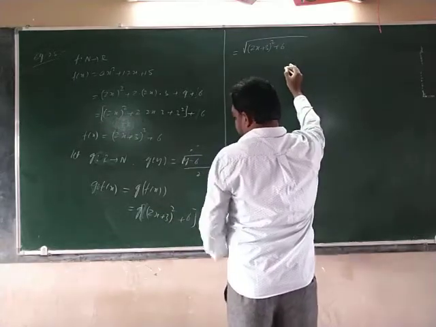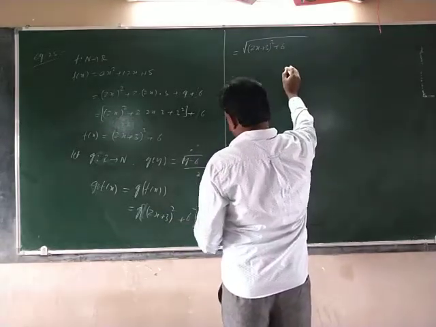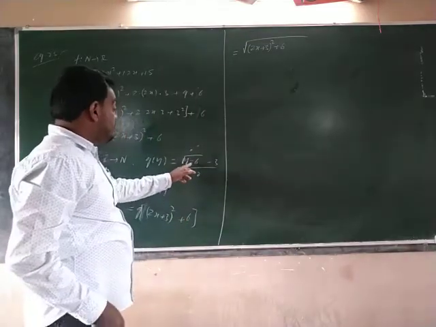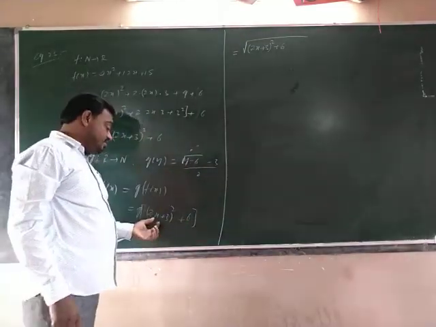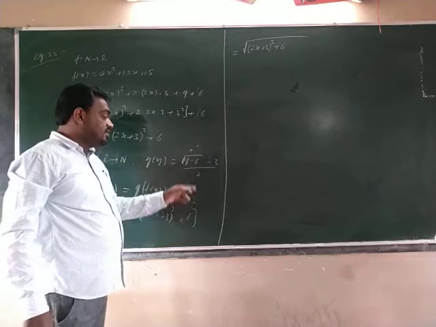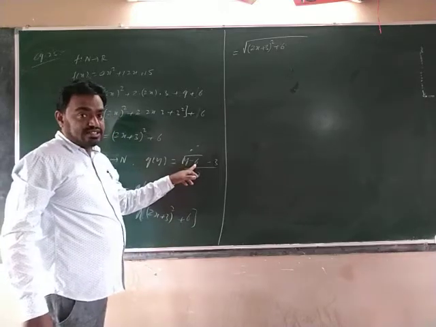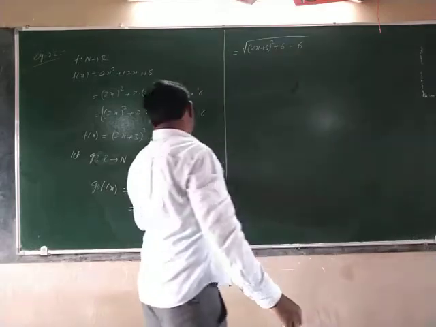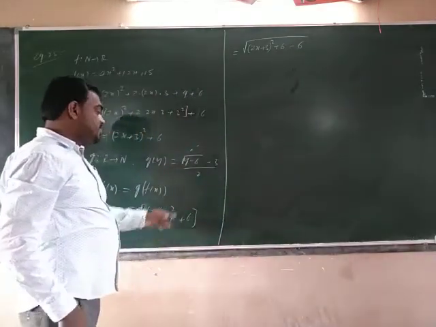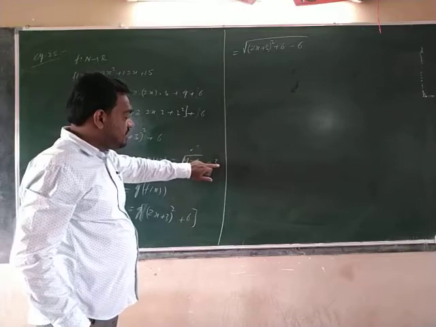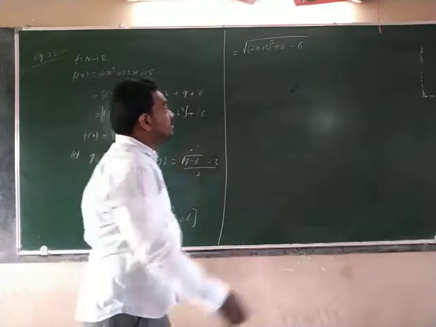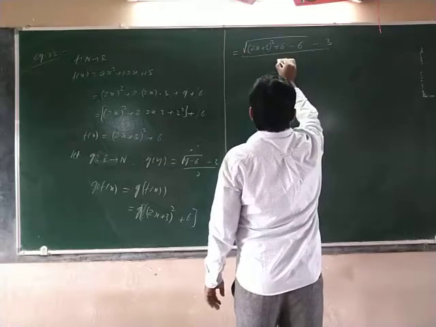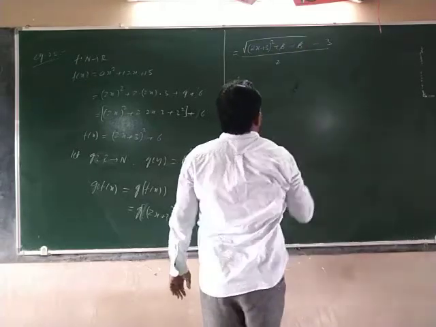Next here, in place of y we substitute 2x plus 3 whole square plus 6. Next minus 6 is there. You substitute minus 6. Now this square root function finished. Next after that minus 3 is there, by 2 is there. So minus 3 and by 2. Now 6 gets cancelled.